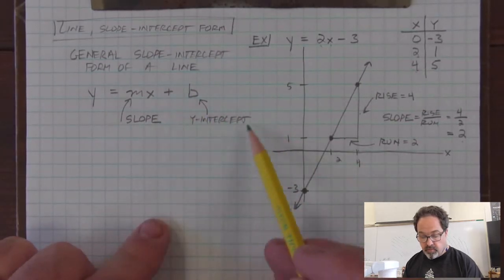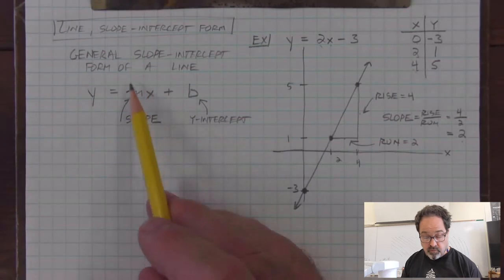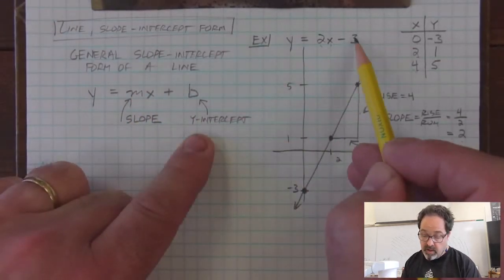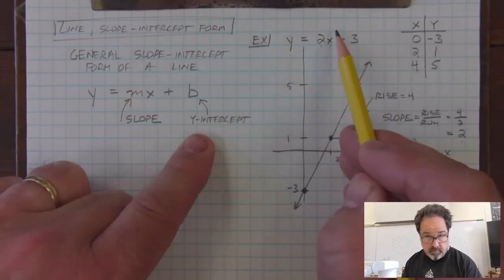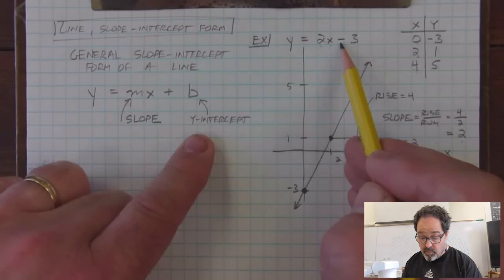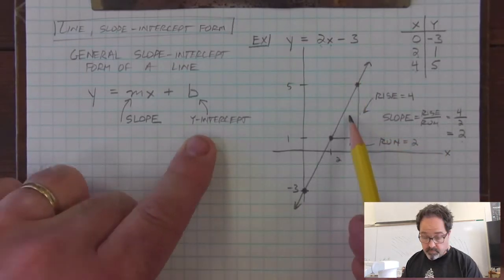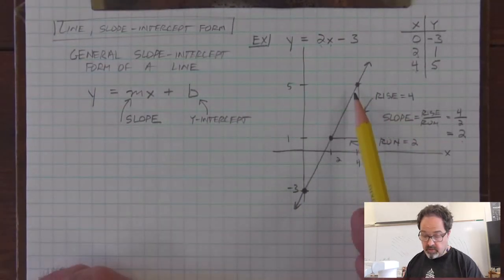We're told in the general form that the number that we add or subtract to the term that has x in it is the y-intercept. And we have a negative 3, or 3 being subtracted from the 2x term. Negative 3 is this line's intercept. And the intercept is where the line crosses the y-axis.